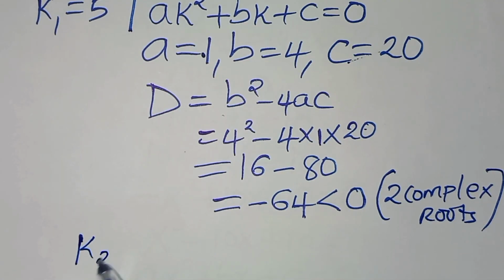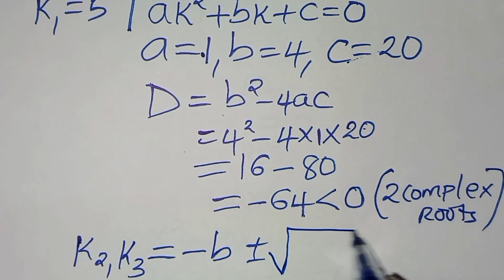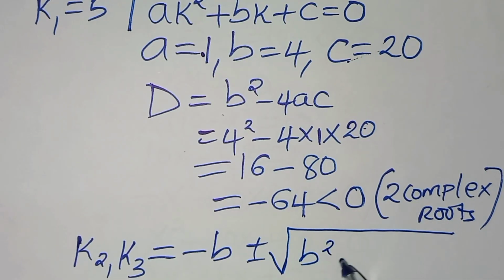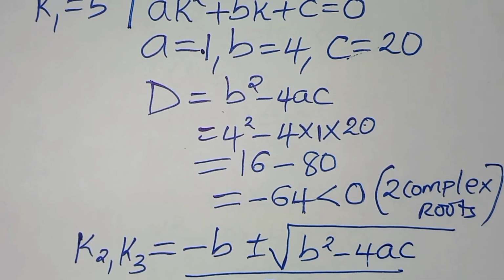Okay? So let's solve these two complex roots by applying the quadratic formula. So we have k2 and k3, equal to minus b plus or minus the square root of b squared minus 4ac, divided by 2 times a.